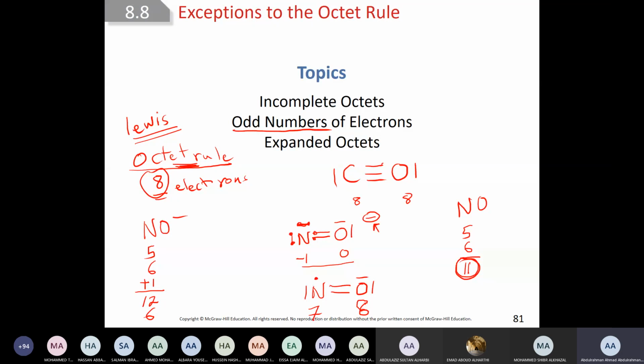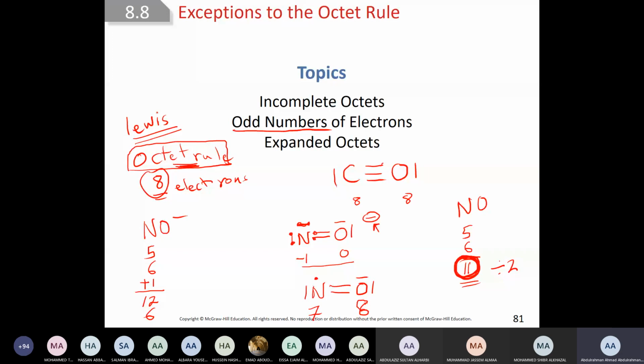Can you repeat it again, Doctor? If you have an odd total number, it's not even. This means you cannot divide it by 2, so you can never make the octet rule. Clear? Okay. Very good.